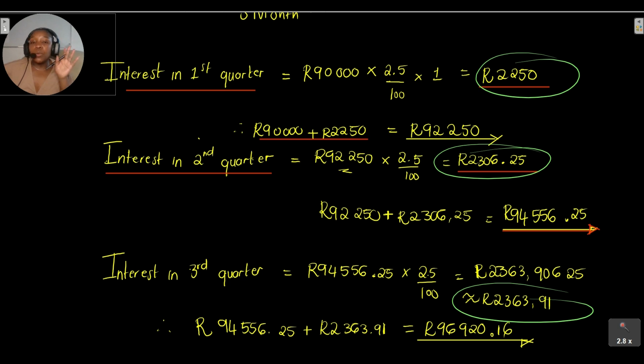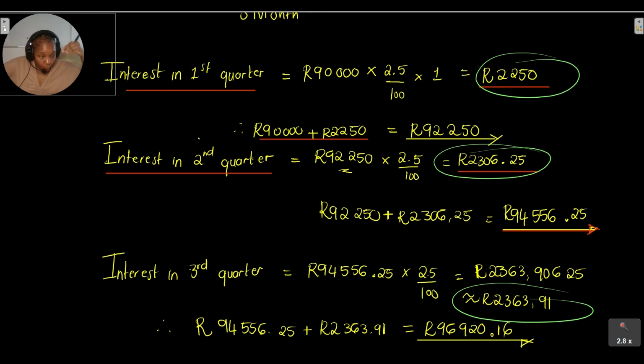If we were just dealing with simple interest, and simple interest was added per quarter, we would just take the 90,000 multiplied by 2.5 over 100 multiplied by 3. It would be a quick and easy thing. But remember, because it's now compounded quarterly, we need to remember that interest is added on the accumulated amount.